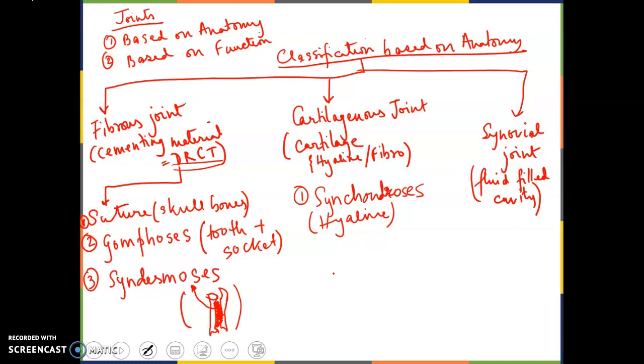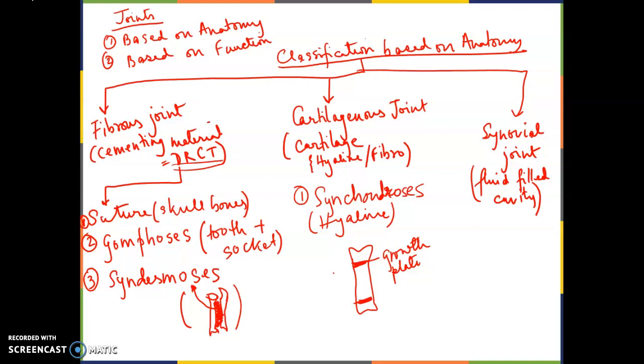And do you remember the growth plate? The growth plate is a classic example. This is a long bone, and this is the growth plate, or the epiphyseal plate. The growth plate is a piece of hyaline cartilage sandwiched between the diaphysis and epiphysis of a long bone, and that is a classic example of synchondrosis.